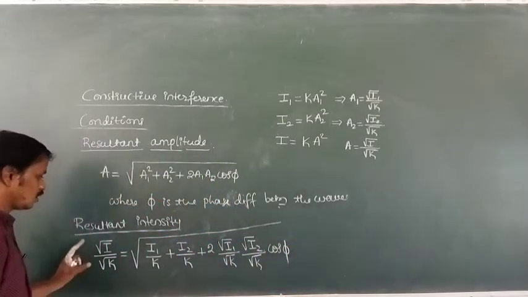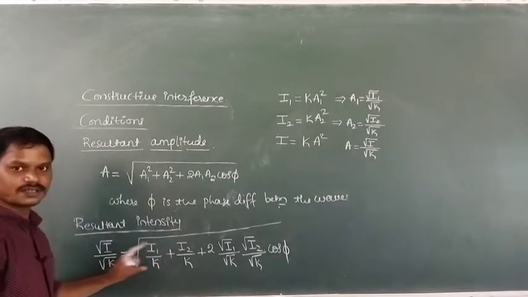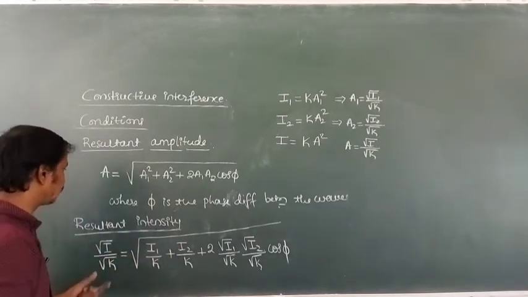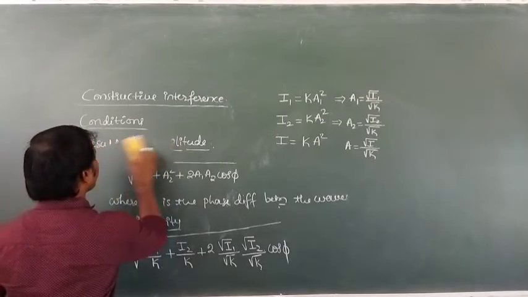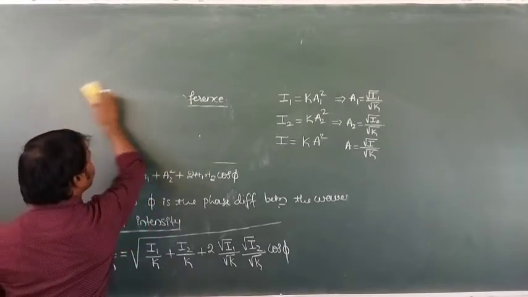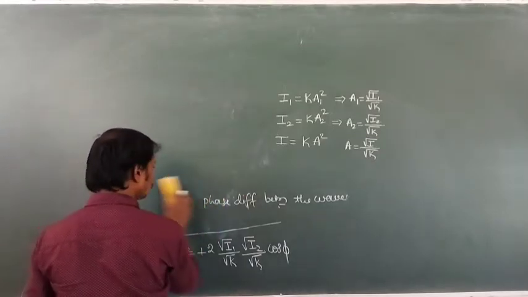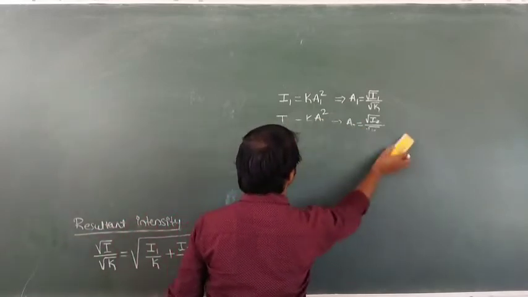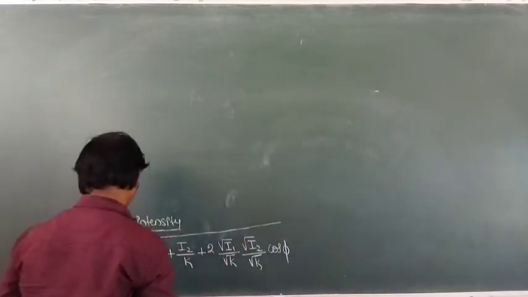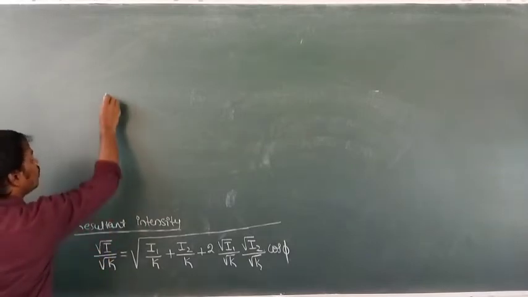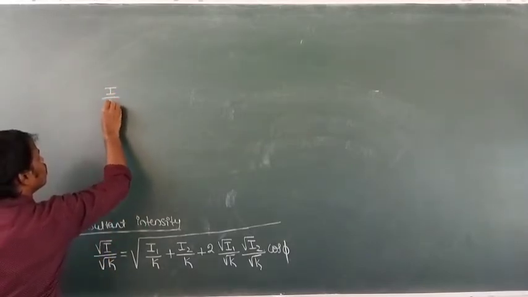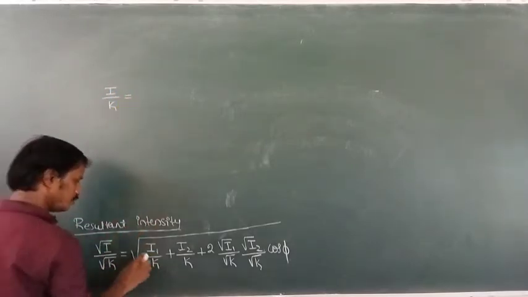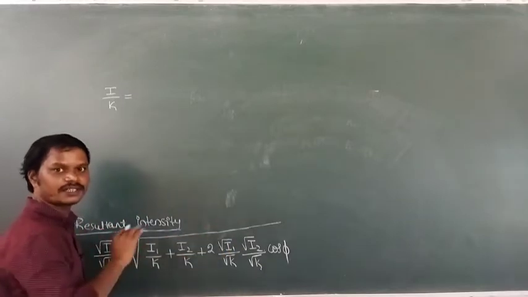So now squaring on both sides. Here square root gets cancelled. Then square root I becomes I, square root k becomes k. Here square root gets cancelled because squaring on both sides.